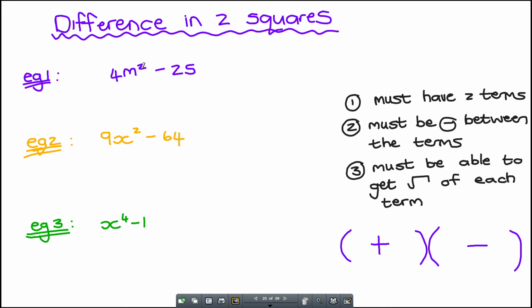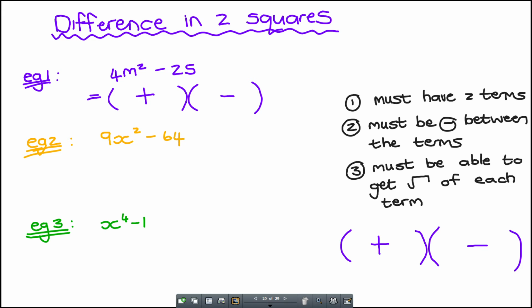How much would that be? 2m. Okay. Can I get the square root of 25? How much would that be? 5. Okay, good. So I know I am allowed to do difference of two squares here. So you can say equal to, and then I know I'm going to have two brackets. First one with a plus, second one with a minus.